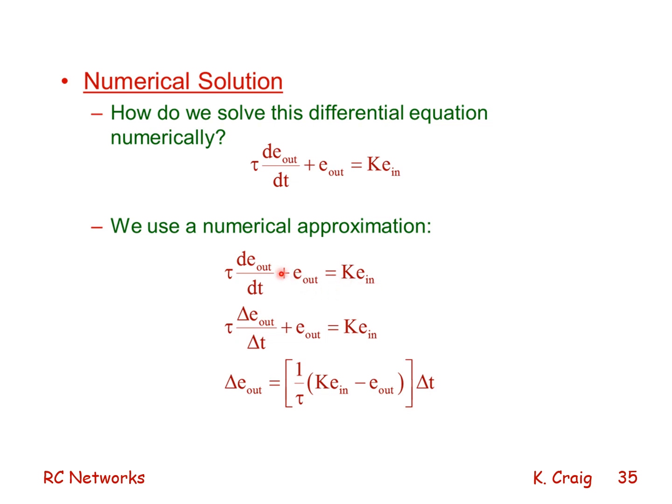Well, the derivative is just the change in E out over the change in time as delta t approaches 0. So tau times this ratio plus E out equals K times E in. I can solve for delta E out using algebra.